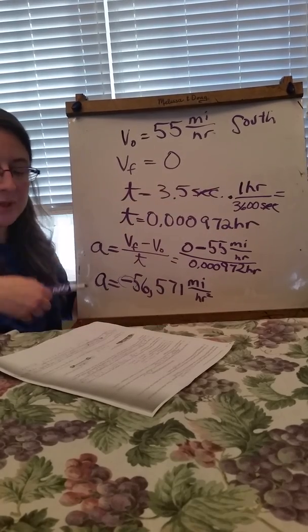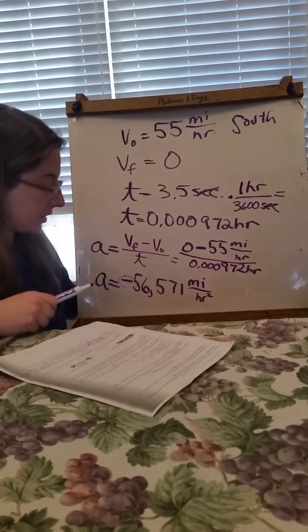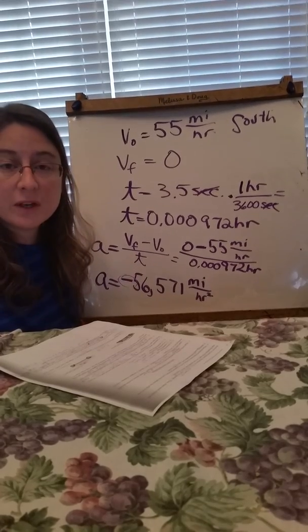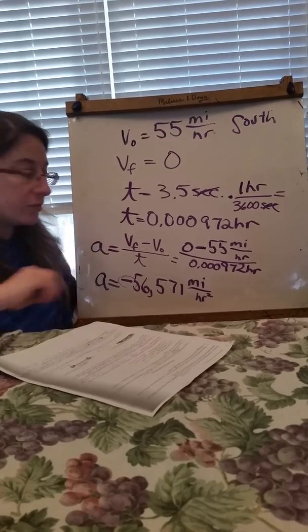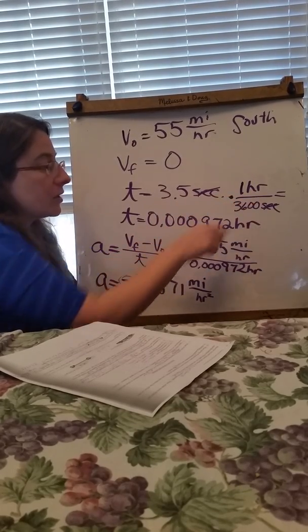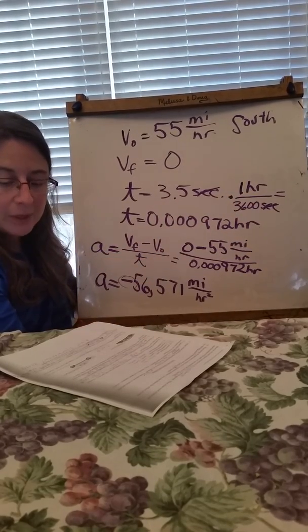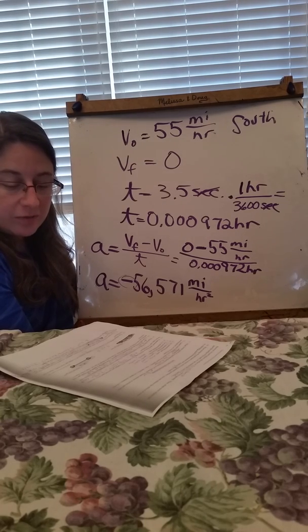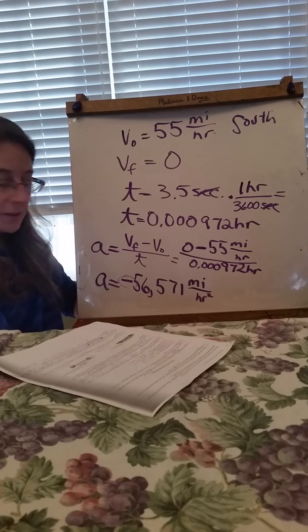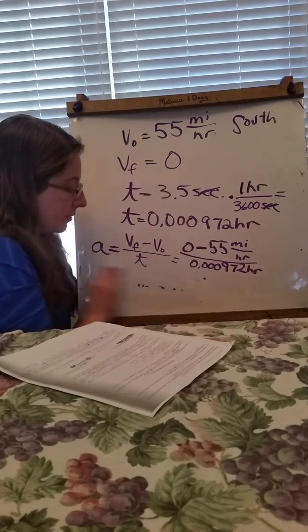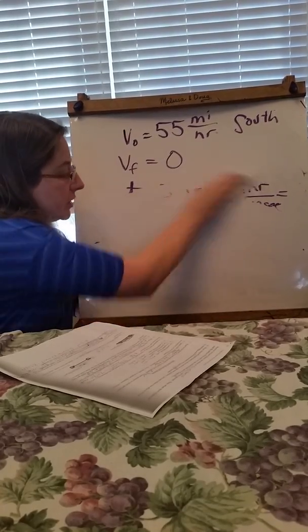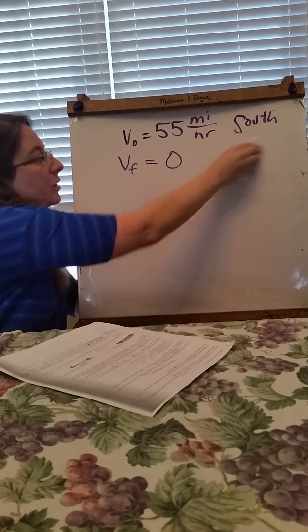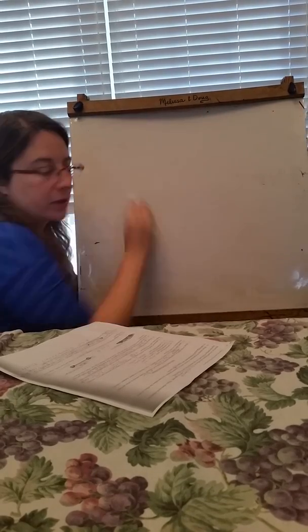The opposite direction of the velocity. But the negative sign takes care of the vector direction, if that suits you also. So just a confusing conversion there, but no problem. It gives you the conversion factor even. So 56,571 miles per hour squared. And then you have to show direction either with a negative or by saying north, because velocity was south.